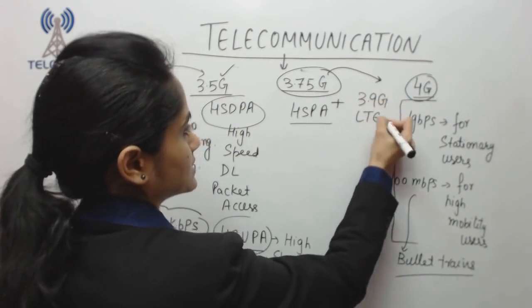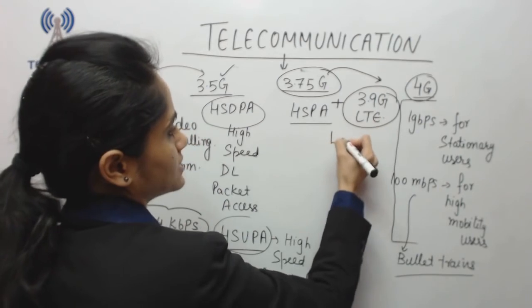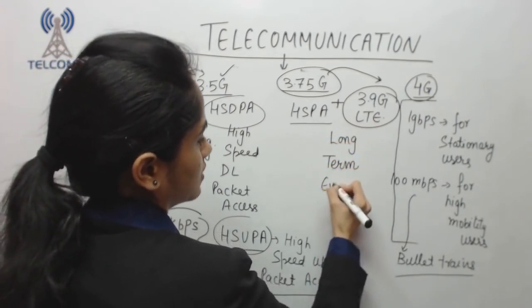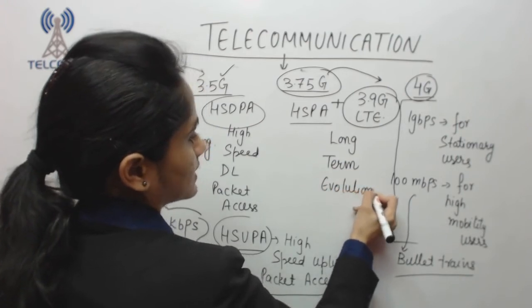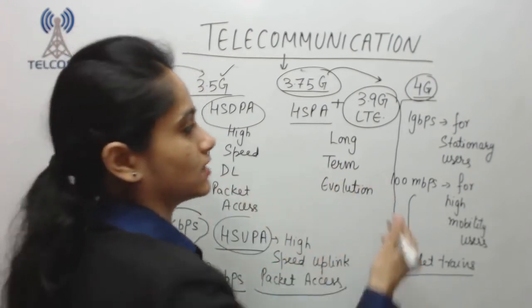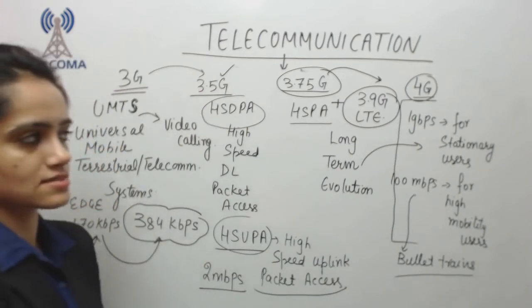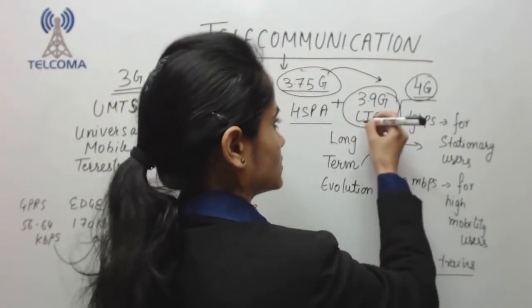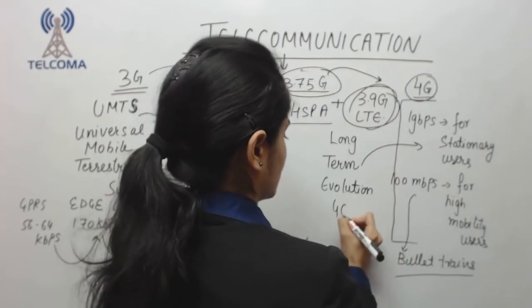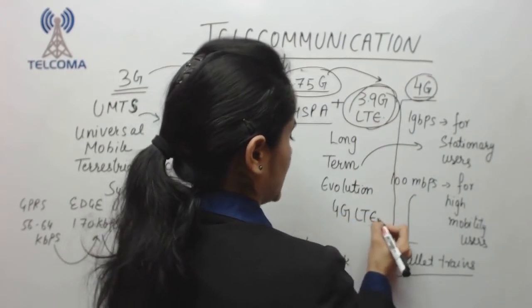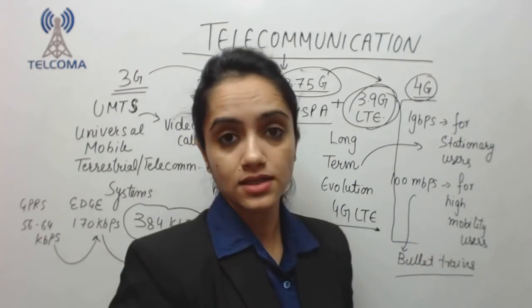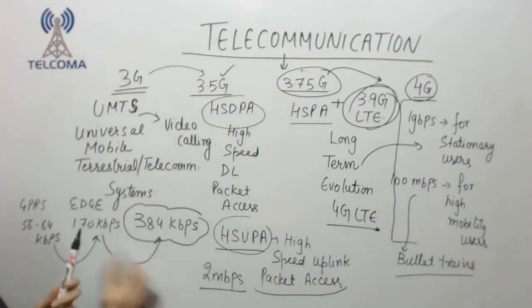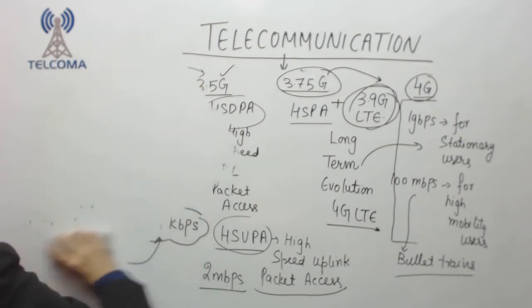We call it LTE, where LTE stands for Long Term Evolution. That means evolution over the long term so that we achieve our target of 4th generation. So they launched 3.9G LTE with the name of 4G LTE so that we can earn revenue and further use it for the development and research of 4th generation.